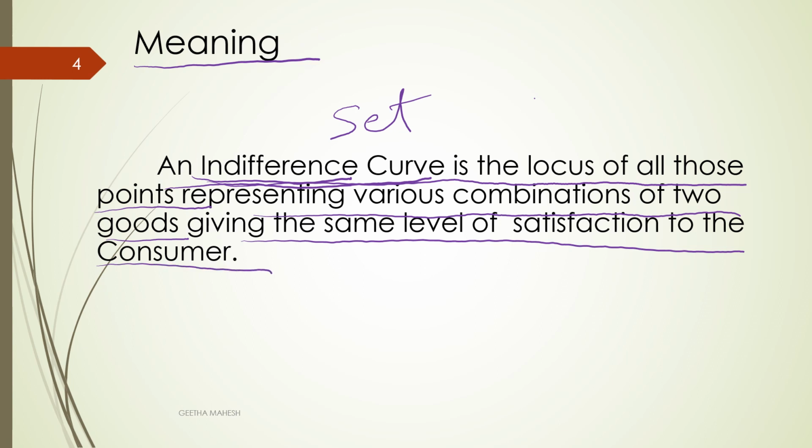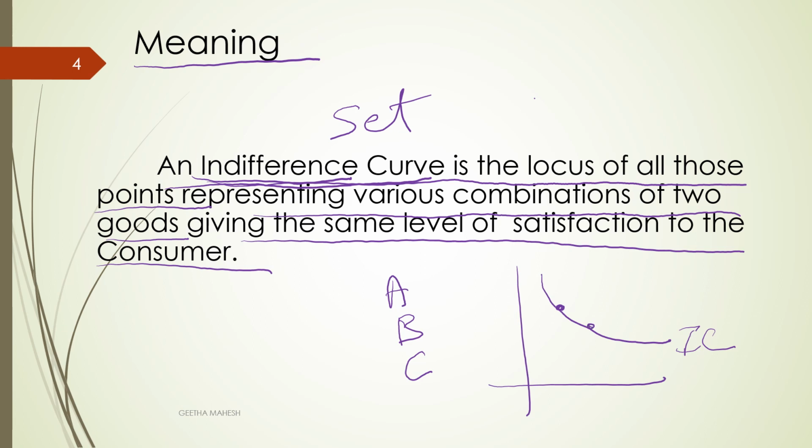As already discussed, when you represent the combinations A, B, C on a graph, all these combinations lie on an indifference curve. So this represents that each combination gives the same level of satisfaction.